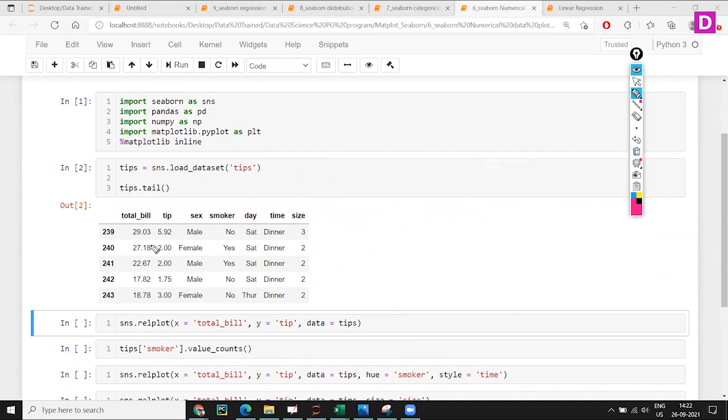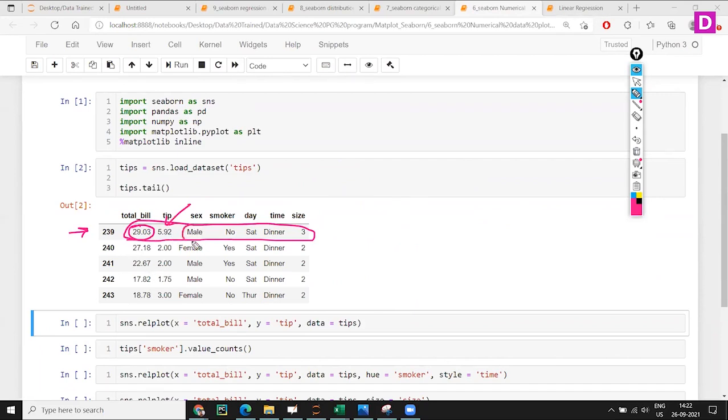Let's try to understand in one sentence how to interpret this whole data. In this row, a customer made a bill of $29.03, and after that he paid a tip of $5.92.